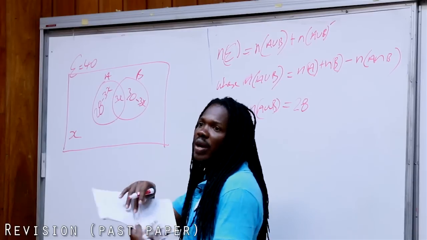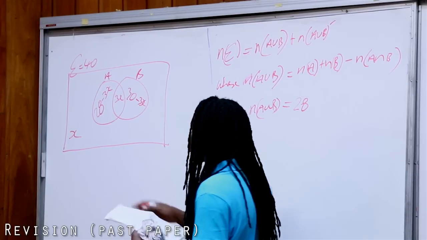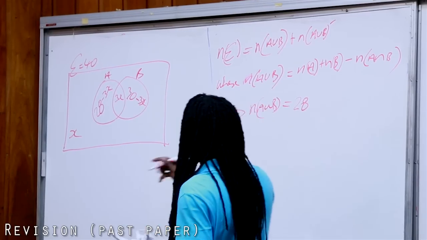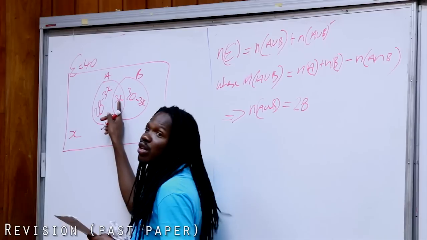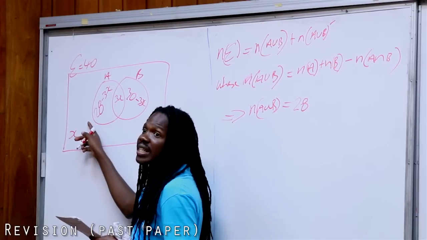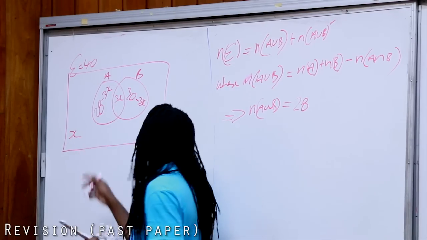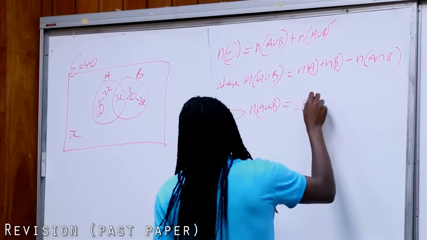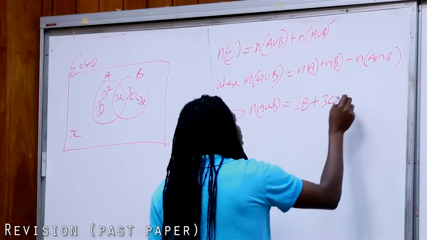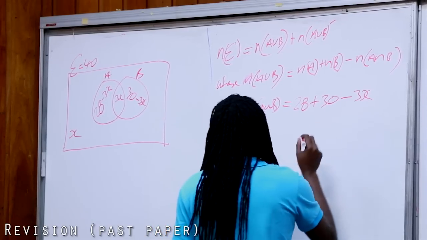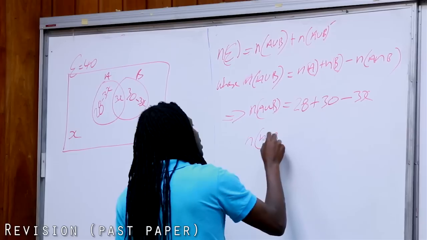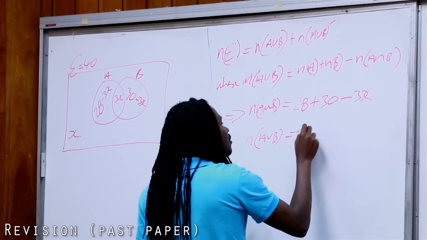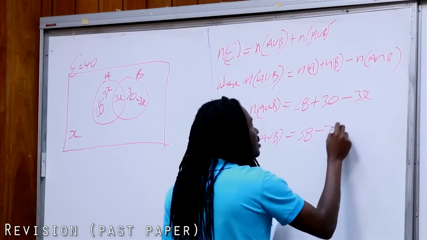Remember now we write down what is in A. A is 28. All of this is A now. So it's 28 minus 3x plus 3x, which gives back 28. You see that? Plus the number in B, 30 minus 3x. The number in A union B equals 58 minus 3x.